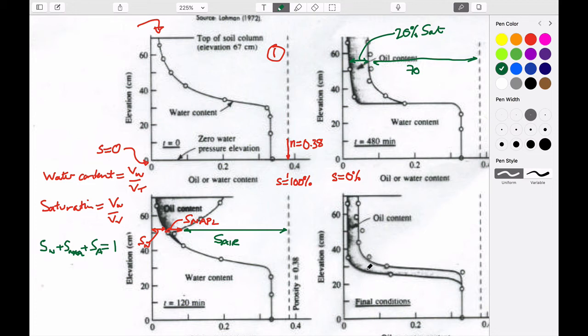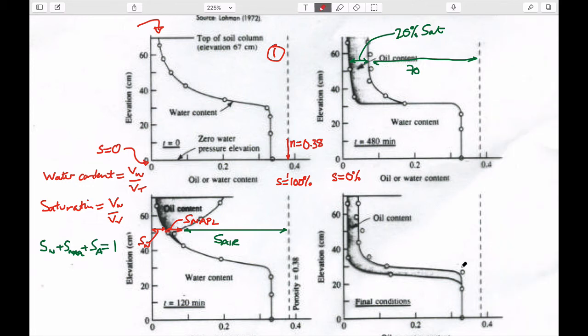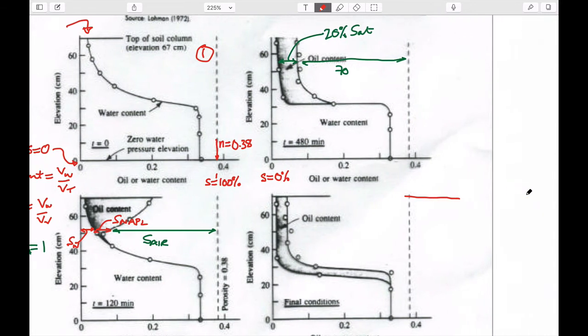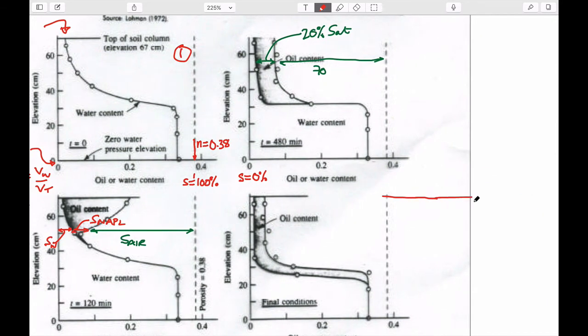You allow it to play around for a little more, and it ends up reaching some equilibrium condition, which is this. And so if you think about what this equilibrium condition is, then it's really these geometries that we've been drawing all the time. So we've drawn this geometry, if I can draw it to scale. So this is the ground surface.